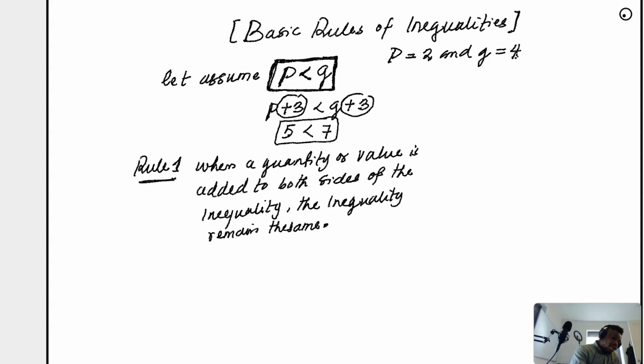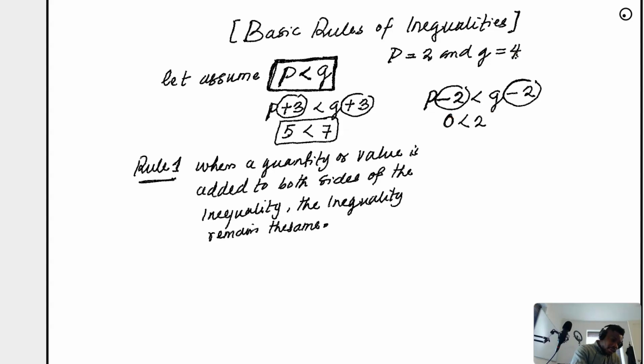And when you subtract, let's subtract the same on both sides also. Let's say P minus 2 and Q minus 2. Okay? You are putting the same thing on both sides. And what is P? P is 2, right? So 2 minus 2, this is 0, less than. Q is 4. 4 minus 2, this is 2.